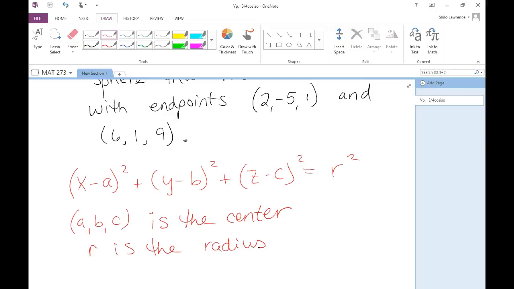We just want to know what is halfway in between 2 and 6. What's halfway in between 1 and -5? What's halfway in between 9 and 1? So to do that, we add them together and divide by 2.